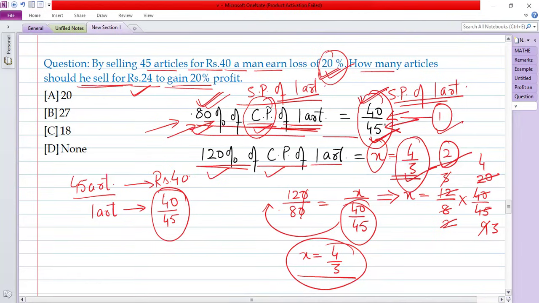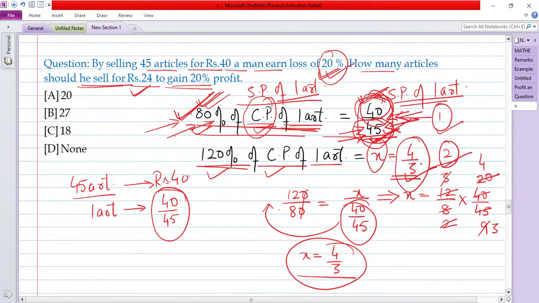It was that by selling 45 articles for rupees 40, I repeat, what's the meaning of this ratio? By selling 45 articles for rupees 40, the loss was 20%.